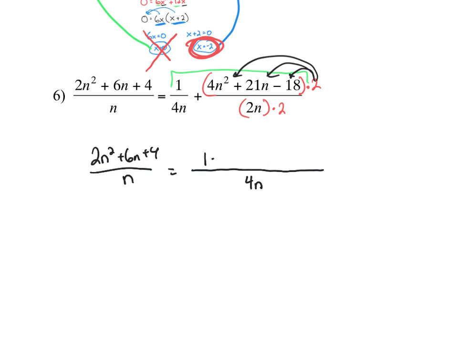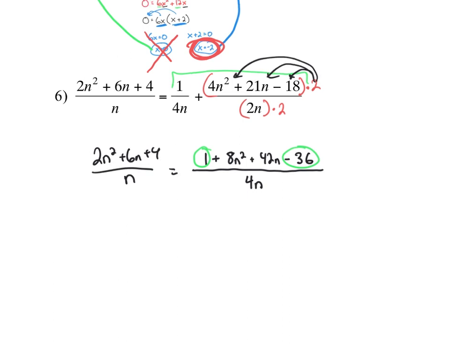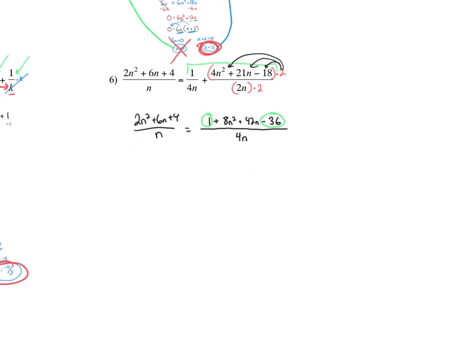So it's going to be 1 plus 8n squared plus 42n minus 36. Okay, we can combine like terms, which is the positive 1 and the negative 36.